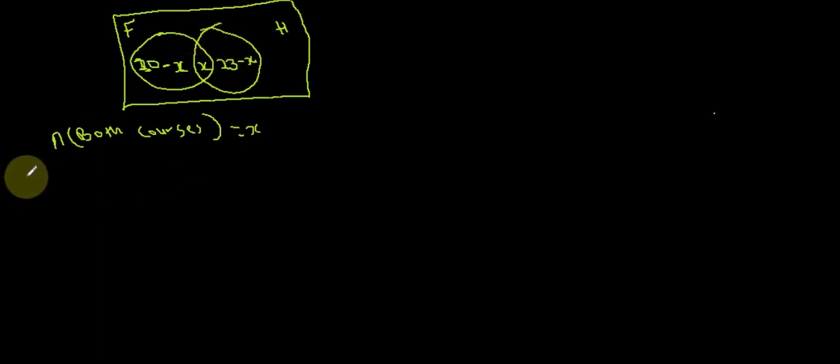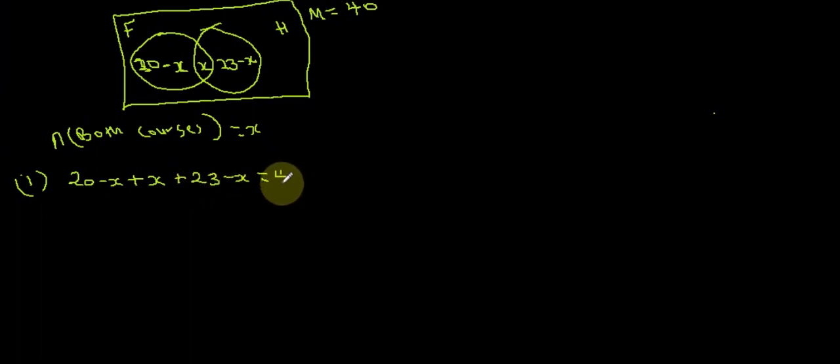So I want to look for X, and we are given our universal set to be 40. The universal set is the total number of people in the class, and we are supposed to have it that the number of people offering French only, which is 20 minus X, plus the number of people offering both courses, plus the number of people offering history only, should be equal to 40.